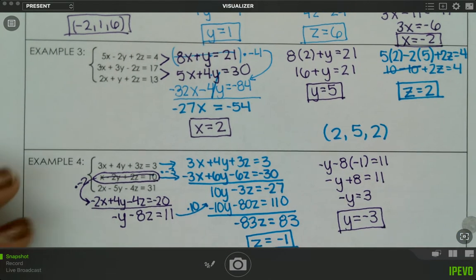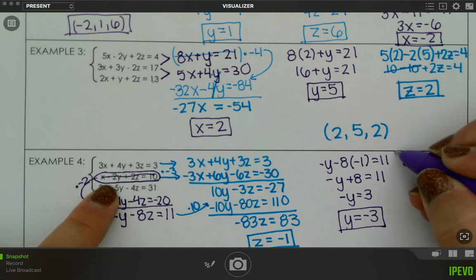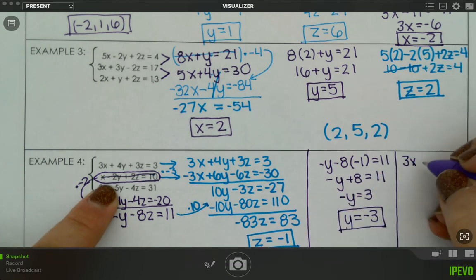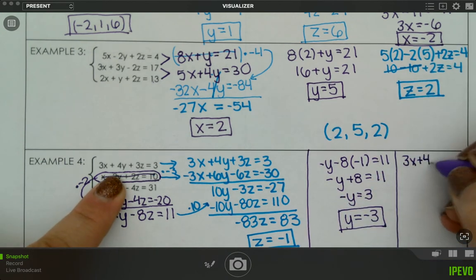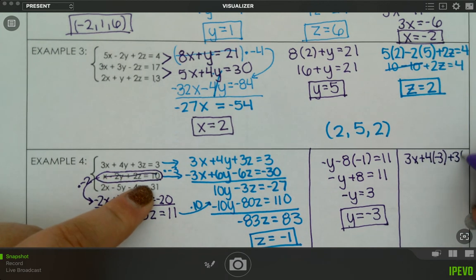Okay, and now I've got 2 out of the 3. I just need to plug them back in. The top row is pretty easy to read still, so I'm going to pick it. 3x. This is really close, so I'm going to put a line down the middle of my work. Plus 4 times negative 3 for y, plus 3 times negative 1 for z, equals 3.